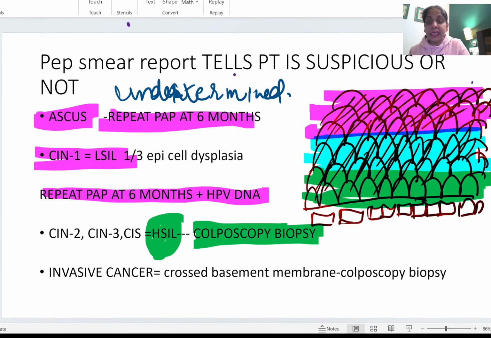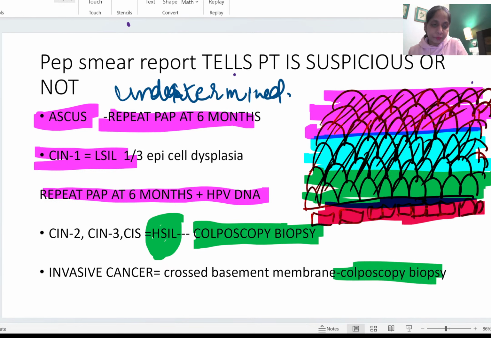If the dysplasia is also present in the basement membrane here, then it is known as invasive cancer. Then it is known as invasive cancer, and there also the treatment is colposcopy biopsy.